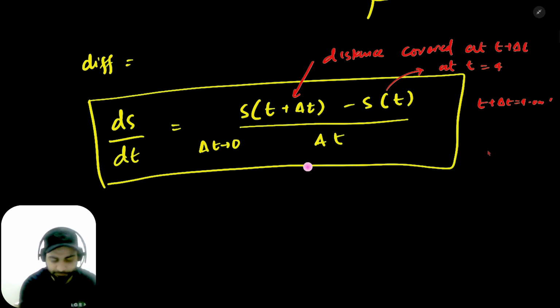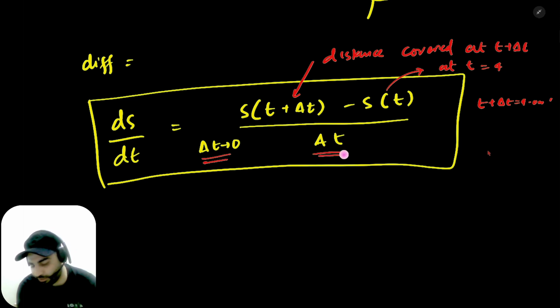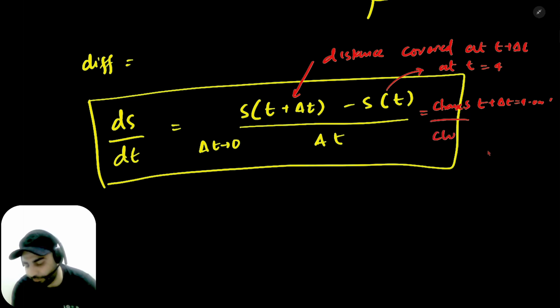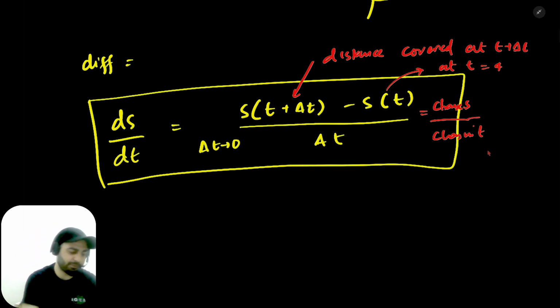If this delta t tends to 0, then the distance at this time minus the distance at time t, divided by the total change in time, is the change in s divided by the change in t. This is giving me the rate of change. So over here you have the formula for differentiation.